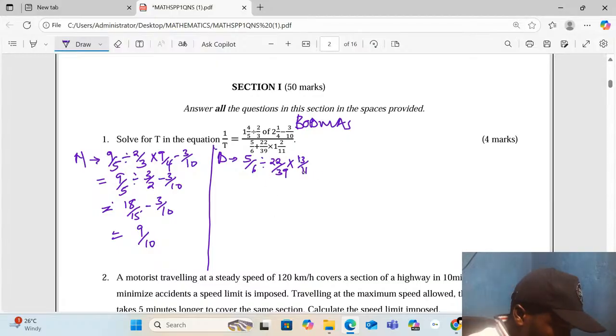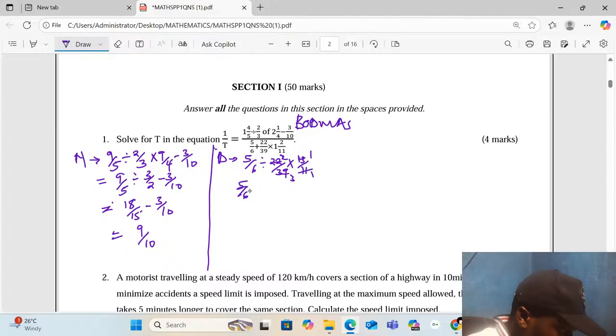So we multiply here 1, here 2, and there 2. Then we shall have 13 into 39, that is 13 1, 13 3. So we shall have 5 over 6.